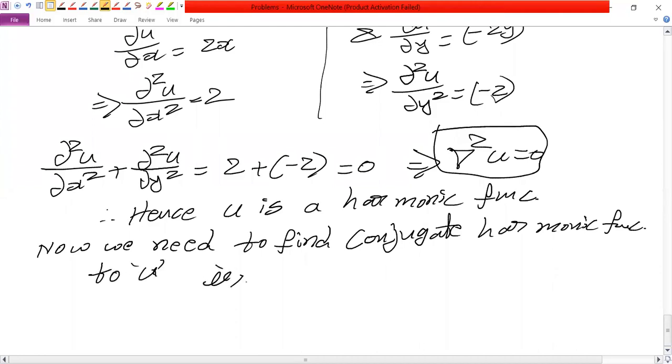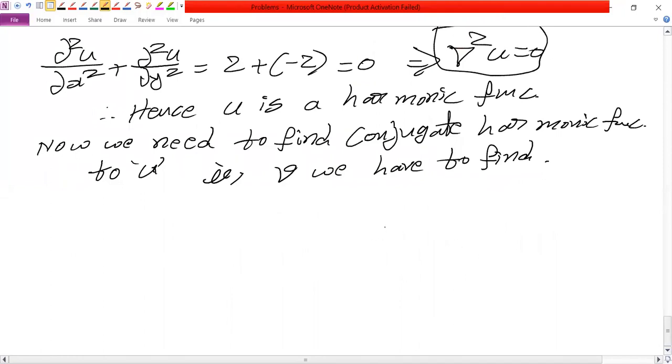That is, we need to find v. Okay. For finding this, what I'm going to take is here. When can we say u and v are harmonic functions? Tell me. When can we find u and v are harmonic functions?